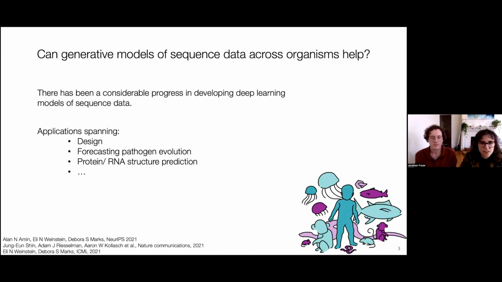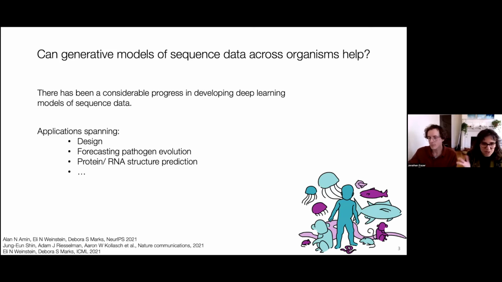effect of genetic variation. But recently, there's been a huge amount of progress in developing deep learning models specifically for biological sequence data. And these models have had a big impact, or are having a big impact, in protein design, forecasting pathogen evolution, protein and RNA structure.